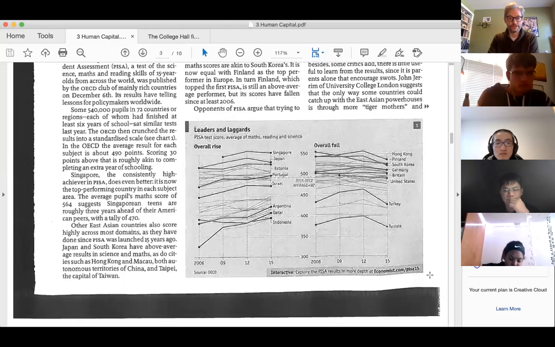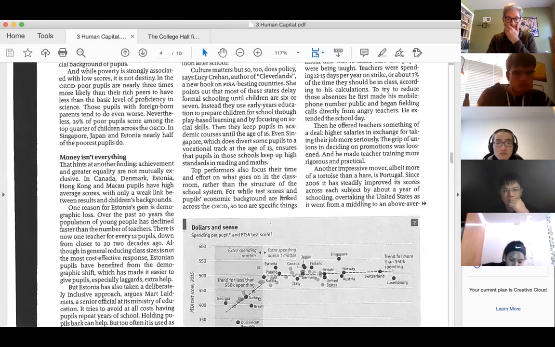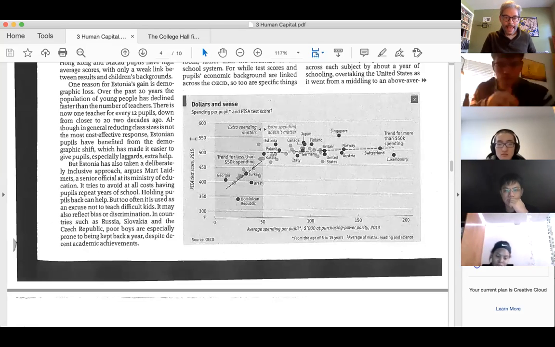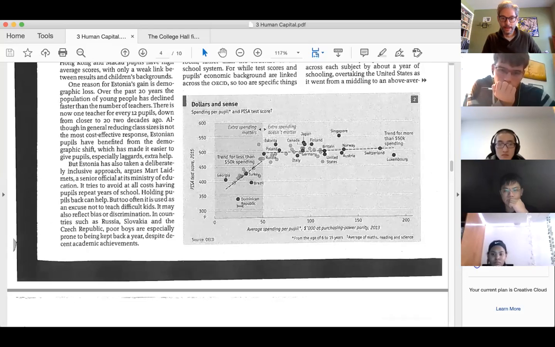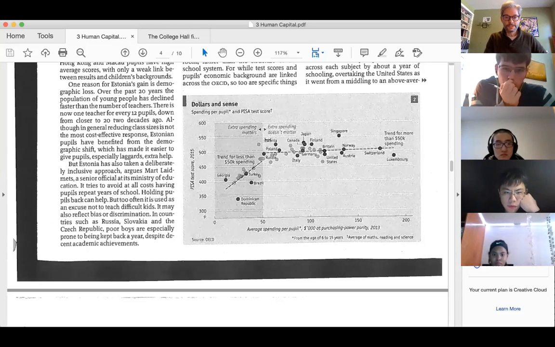If you look at the data, you actually see this across countries too. Look at this graph here. This is looking at how a country scores on the PISA test, the vertical line, versus how much they spend per pupil. So notice, if you're not spending very much on students, it does hurt your test scores.